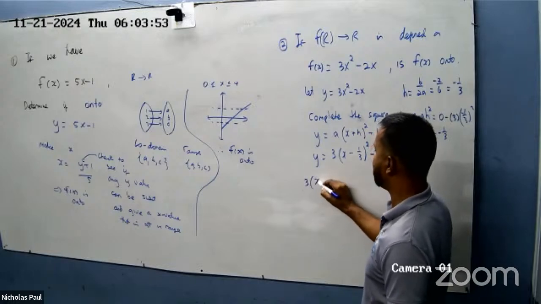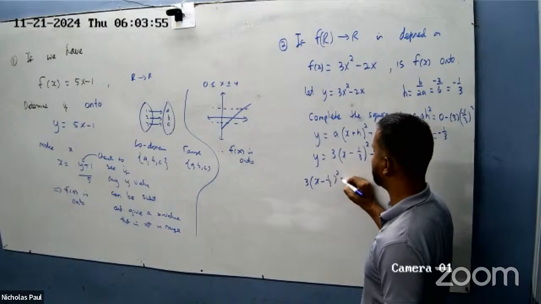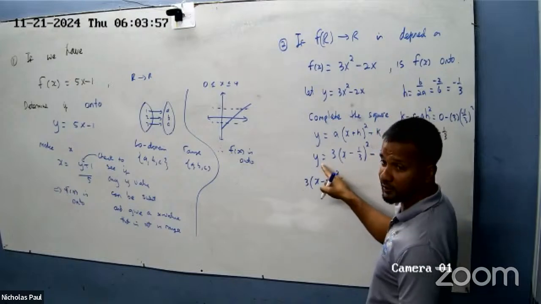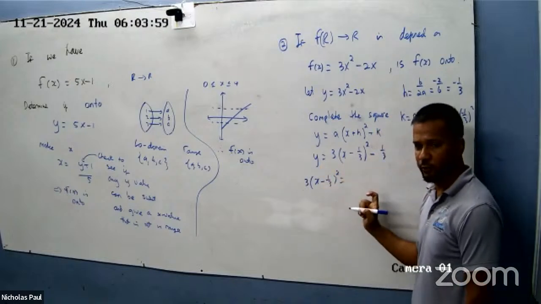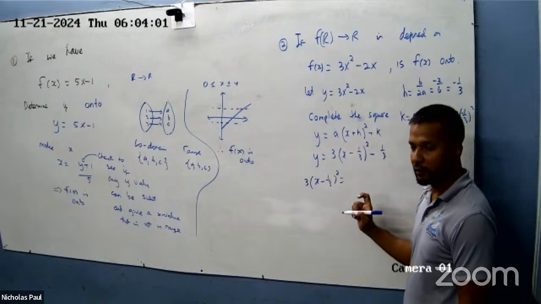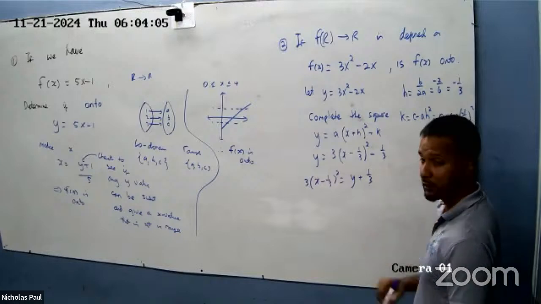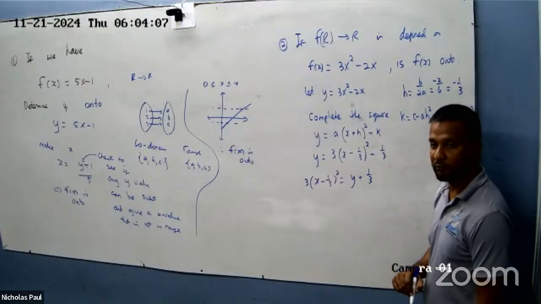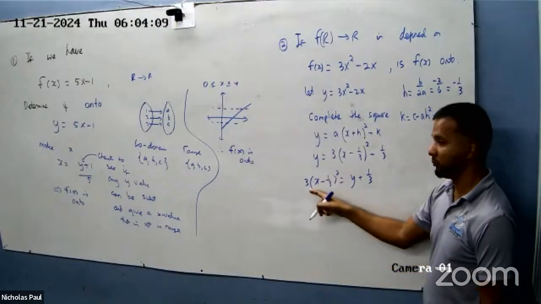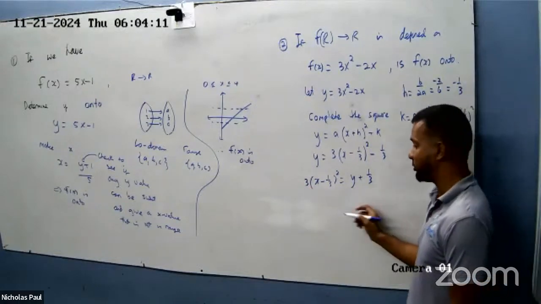So it's 3 times (x minus 1/3) squared equals y, carry across the minus 1/3 and you'll get y plus 1/3. What's the next step? Divide everything by 3.